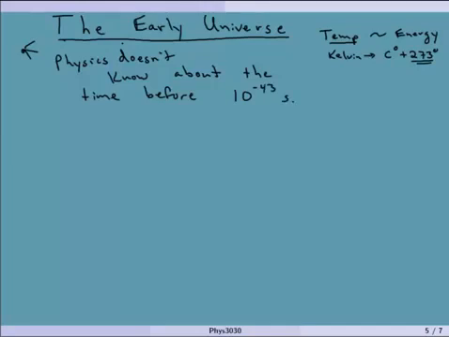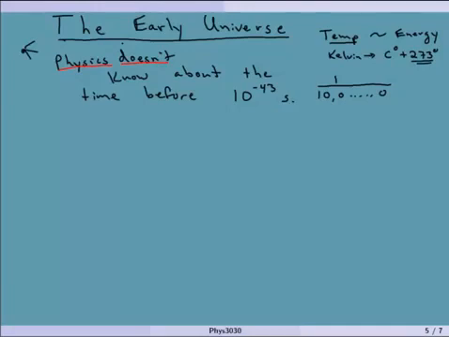Put this in your mind: this is 1 over 10 with 43 zeros behind it, of a second, which is not very much time. But I can honestly say that we just don't know what's going on there.